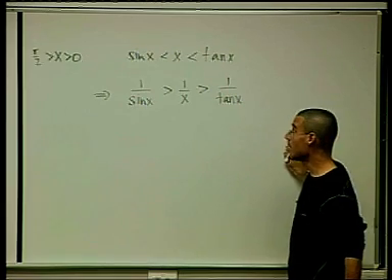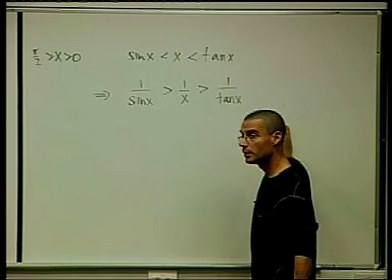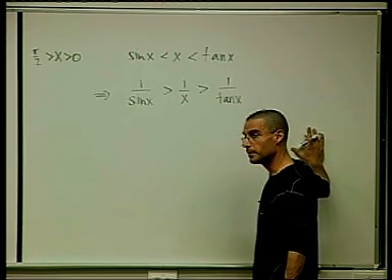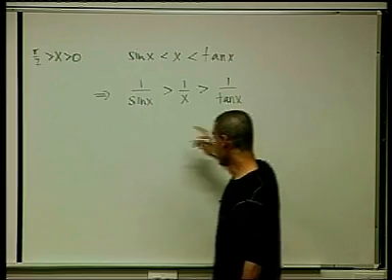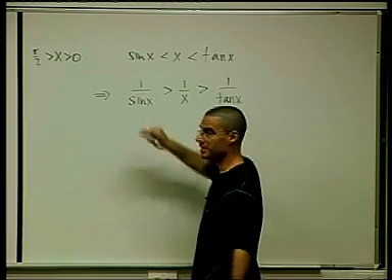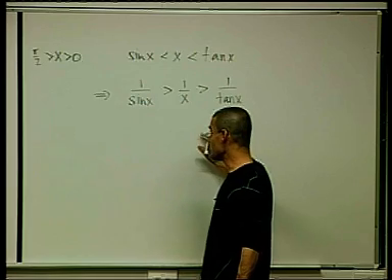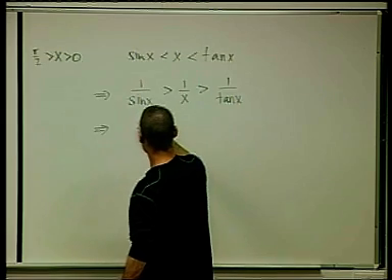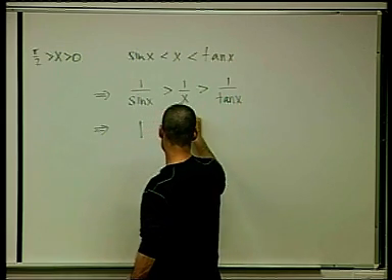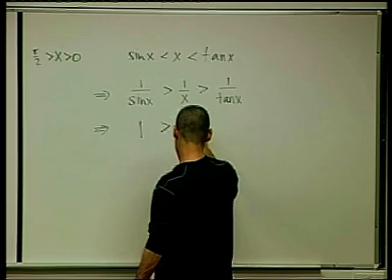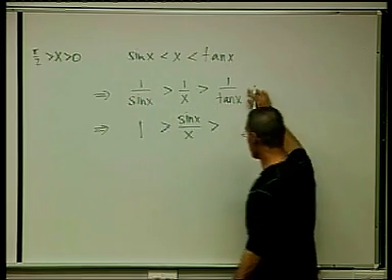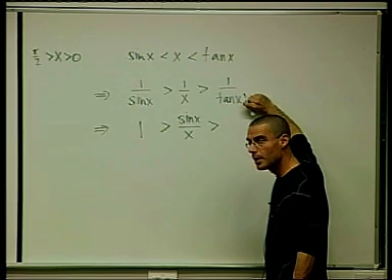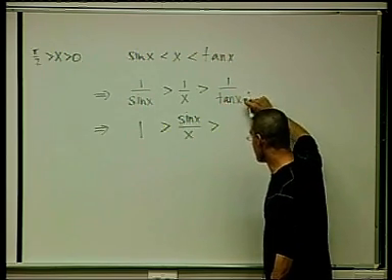How did I do that? I did reciprocals. I did 1 over. When a is less than b, 1 over a is greater than 1 over b. The mirror on the x, right? Okay. Now, I'm going to multiply everything by sine x. Sine x is positive, so the inequalities don't change now. So I get 1 is greater than sine x over x, which in turn is greater than sine x over tan x. Tan x is sine over cosine.